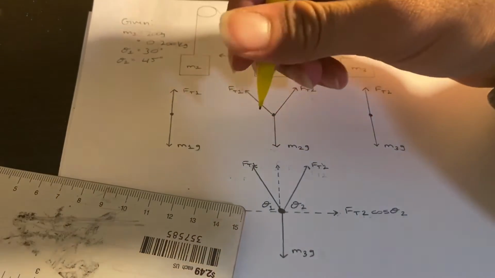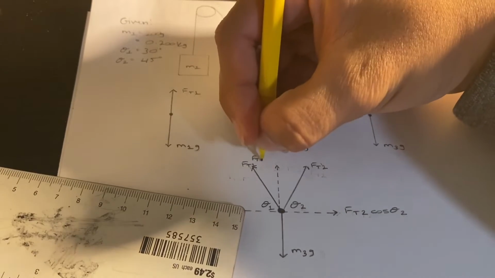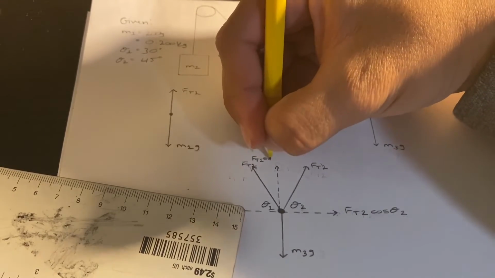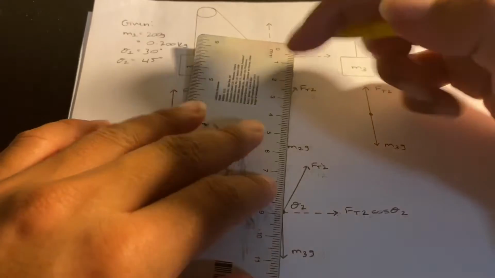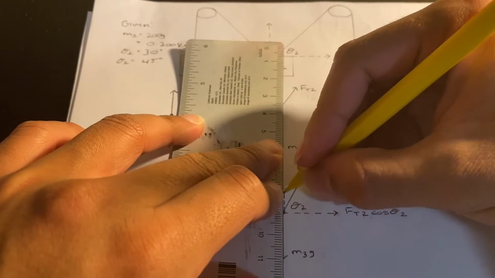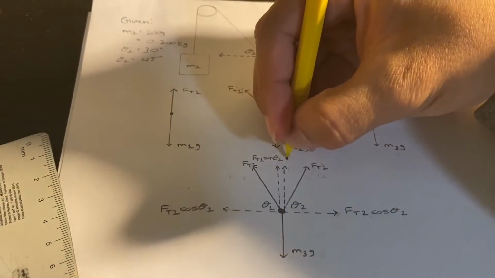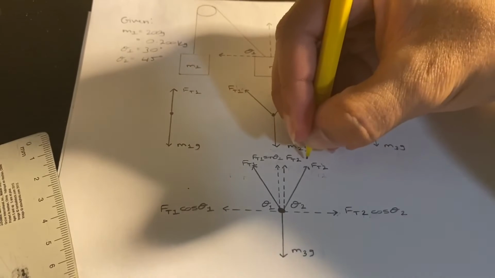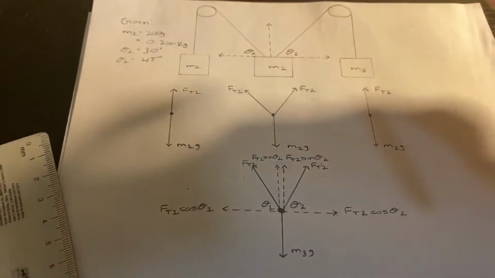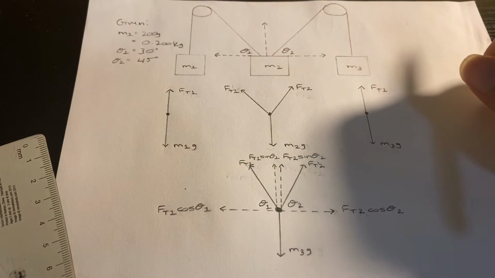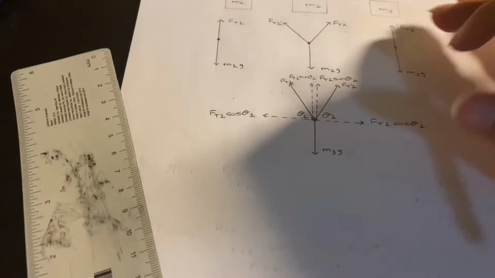On the top we have Ft1 sine theta 1, and our other y component force is going to be Ft2 sine theta 2. Right, so now that we've finished this free body diagram with our components, we can actually do the equations now.